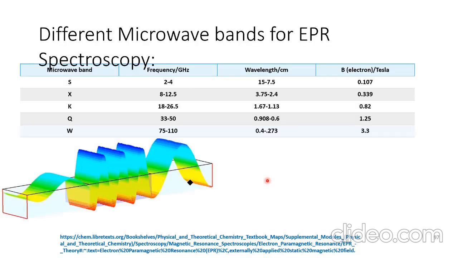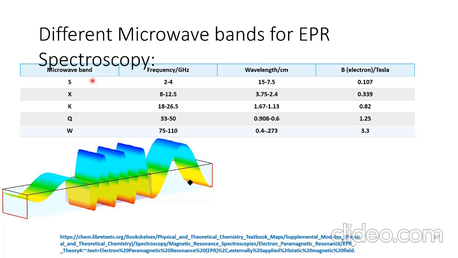For EPR there are different microwave bands, as the microwave has a very wide range of wavelengths. These are classified like we have divided IR into mid IR, far IR, and near IR, and UV into UVA, UVB, UVC.